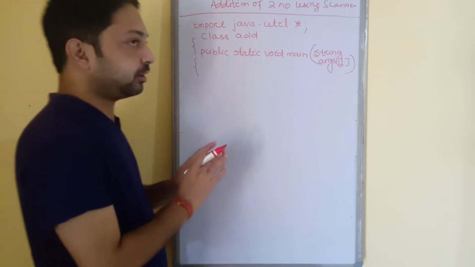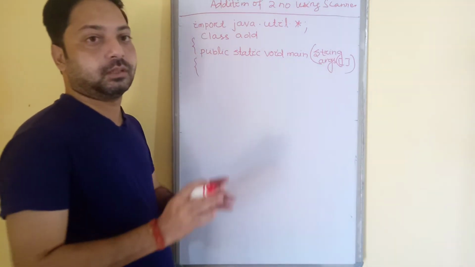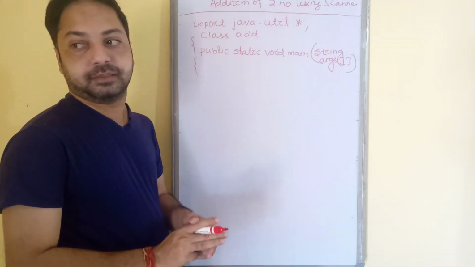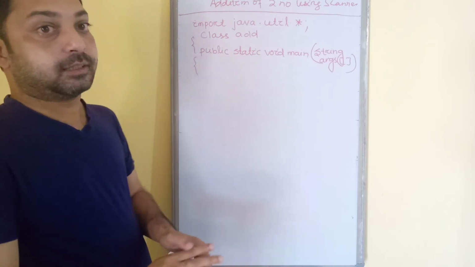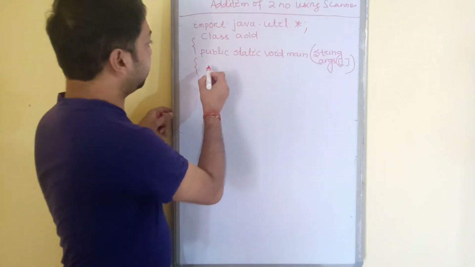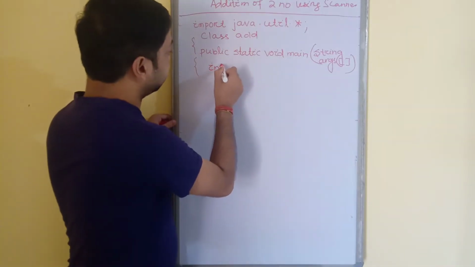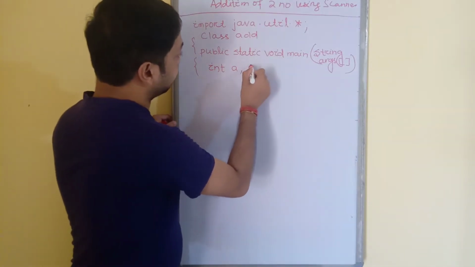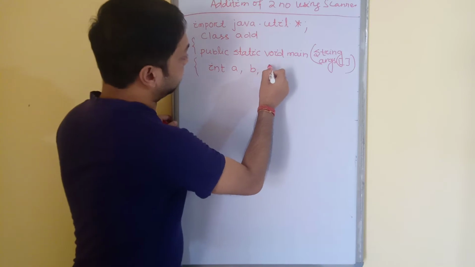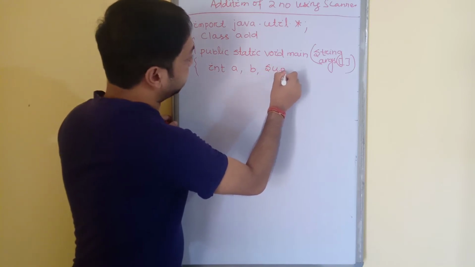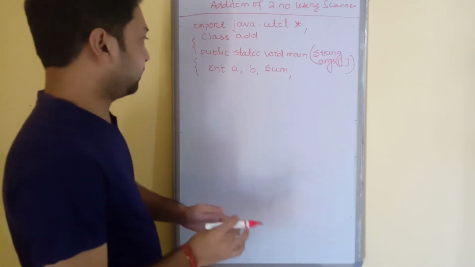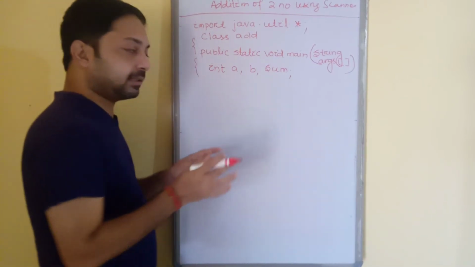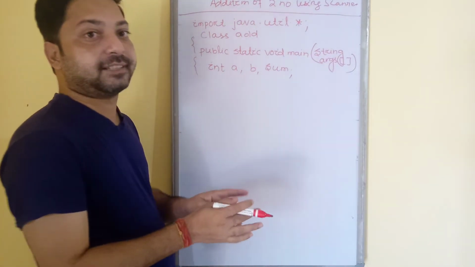Whenever we write a program to add two numbers, we basically require three variables: two will be added, and another will store the result. The same thing is followed here. Let me declare three variables: int a, b, and sum. Sum is a variable used to store the result. After that I need to give a message. In C programming I give a message with printf, enter two numbers.